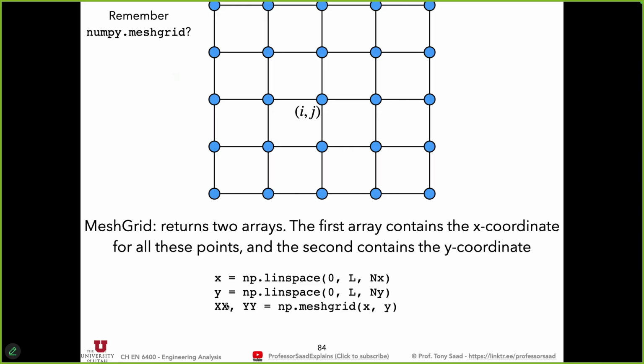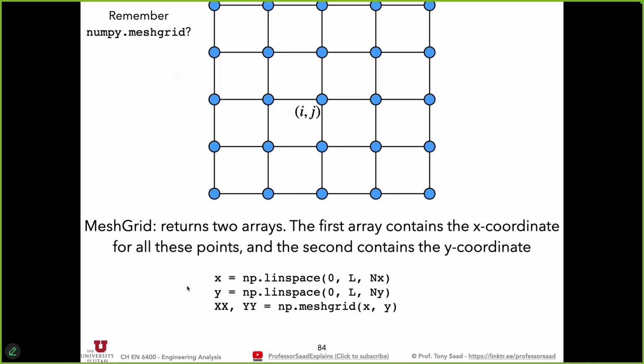The first array, xx, contains the x coordinate for all of these points. So at any one of these blue points, the xx array contains the x coordinate for that point. And the yy array, at any one of these blue points, contains the y coordinate for those points.